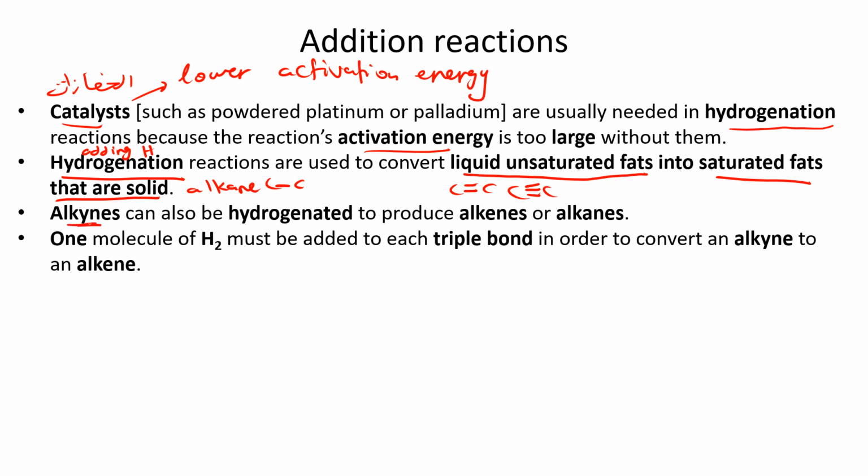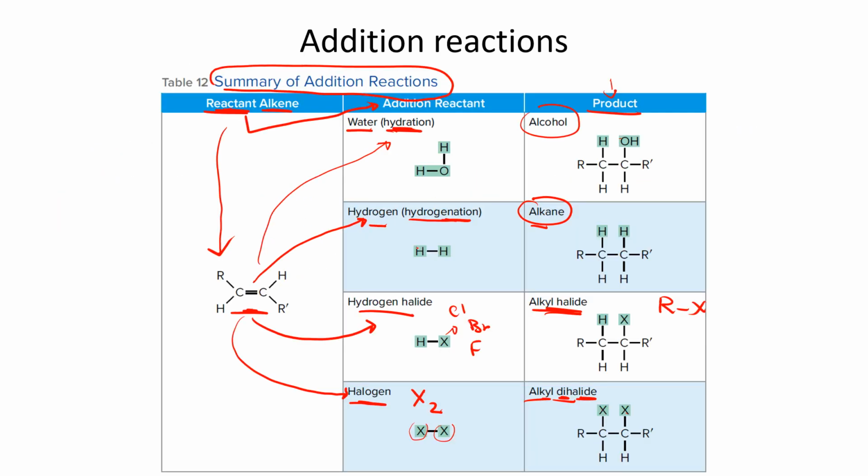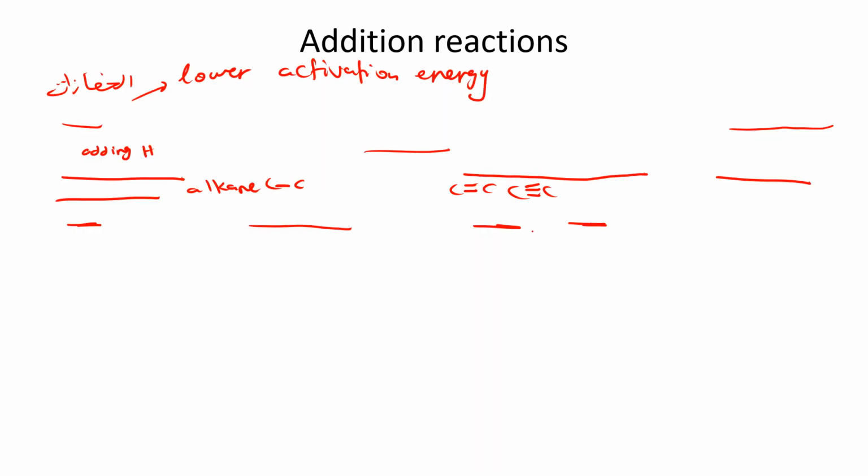So alkynes can also be hydrogenated to form alkenes or alkanes. So triple bond تقدر تتحول لل double bond أو single bond through the addition reaction اللي هو hydrogenation, which we saw here, right? Hydrogenation from alkene to alkane. So the double bond will change to a single bond. All right?